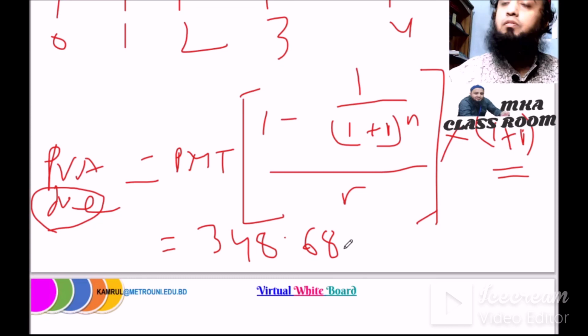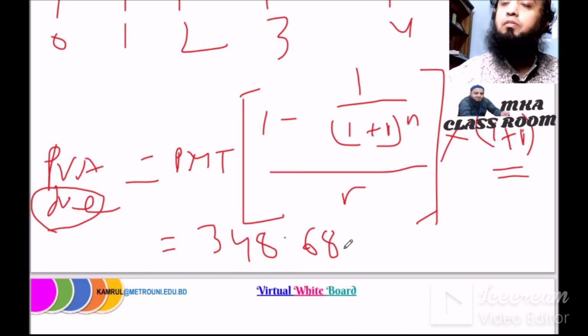If we do this problem by our timeline, then we see 0, 1, 2, 3, that is the end of our timeline.